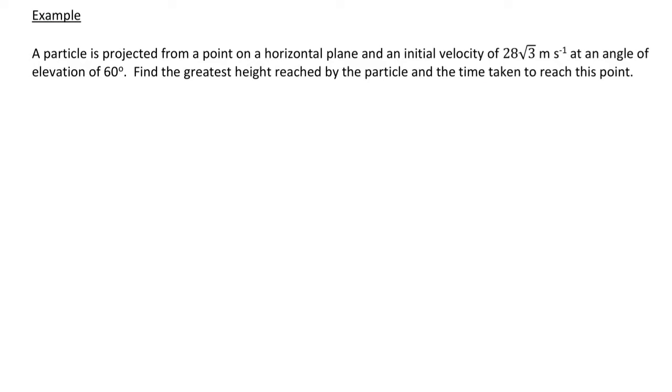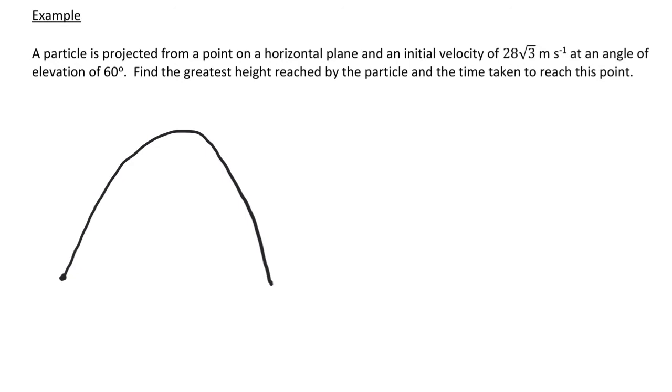So, an example. A particle is projected from a point on a horizontal plane with an initial velocity of 28√3 meters per second at an angle of elevation of 60 degrees. So if we mark in our point, it's projected upwards with a 60-degree angle, and we'll come back down again.